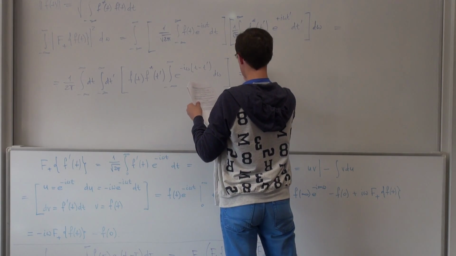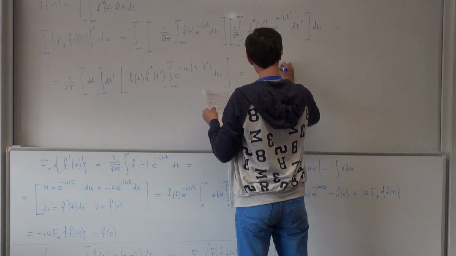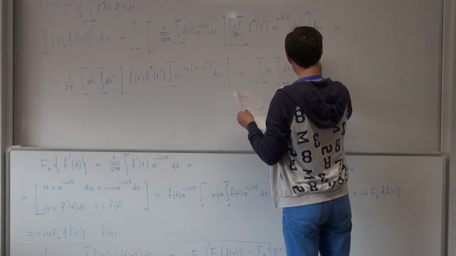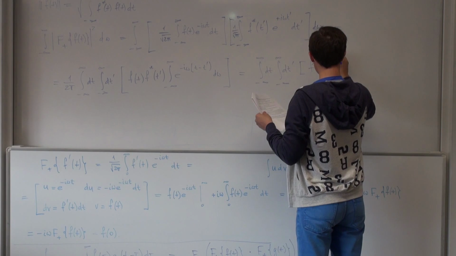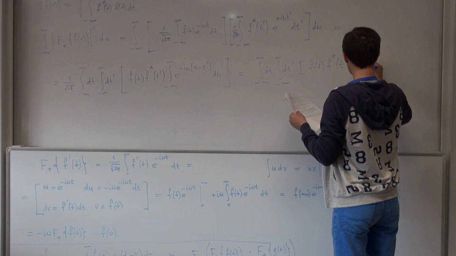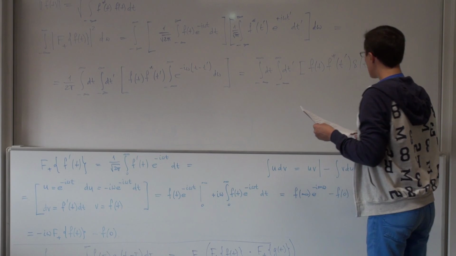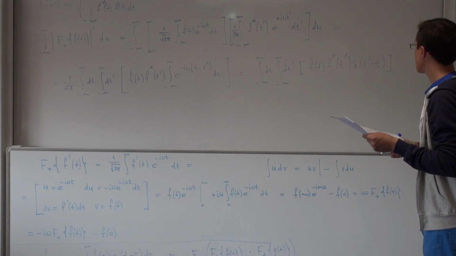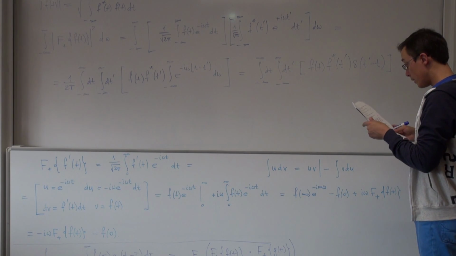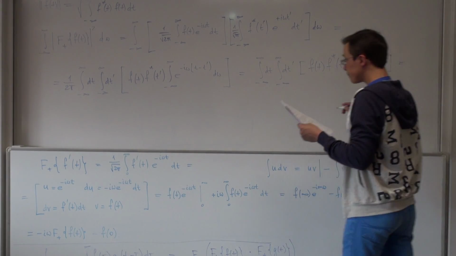So that means we got the following: integral from minus infinity to infinity dt, integral from minus infinity to infinity dt prime, integrating f of t, f conjugate of t prime, delta of t prime minus t, and this would only integrate to something that's non-zero if t equals t prime, as per the properties of the delta function, and that will eat our integral as well.